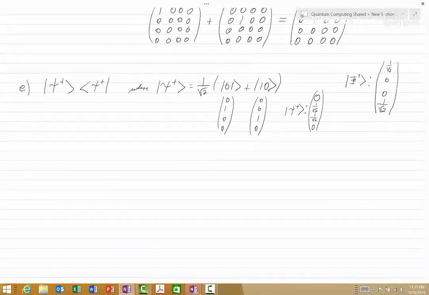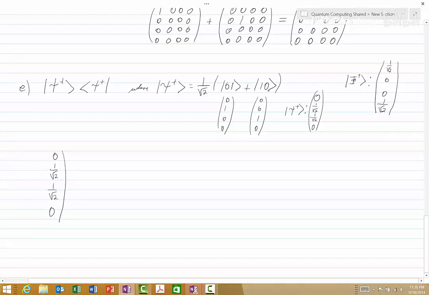And now we are ready to do this problem. So the column vector C plus becomes 0, 1 over square root of 2, 1 over square root of 2, 0, and then that will get multiplied by the bra form of that same vector: 0, 1 over square root of 2, 1 over square root of 2, 0. And so let's see what happens.